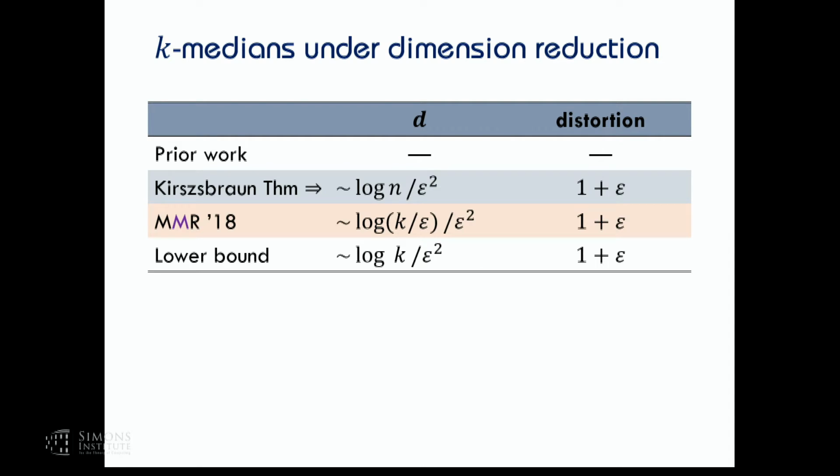It follows, however, from the Kirszbraun theorem, and Ravi asked the question of what happens with k-medians here at Simons at a tutorial talk in August. We show that when the dimension is log k over epsilon squared, then the cost of every clustering is preserved up to a factor of 1 plus epsilon. And again, this bound is essentially optimal up to this epsilon.